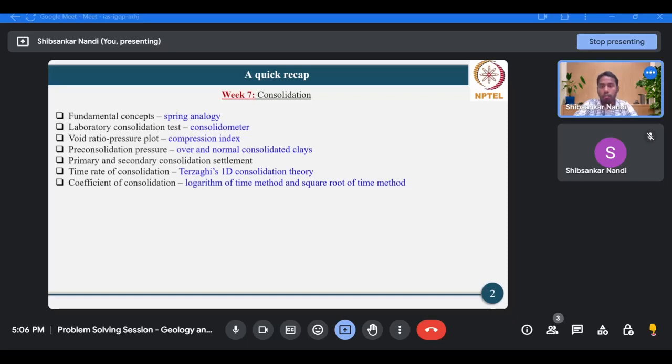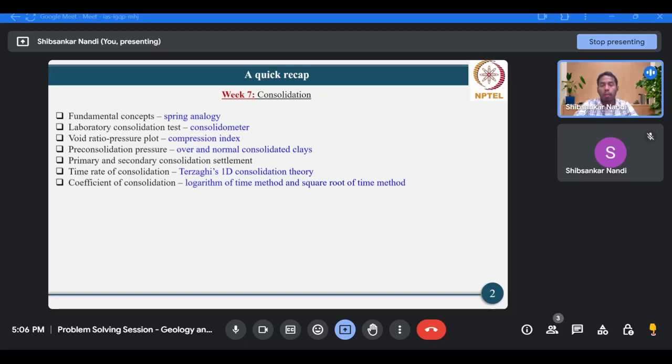Then the data obtained from this kind of test will end up with a plot called the void ratio pressure plot. From this plot, you can obtain the compression index, which is very, very essential to calculate the consolidation which is happening in the field.